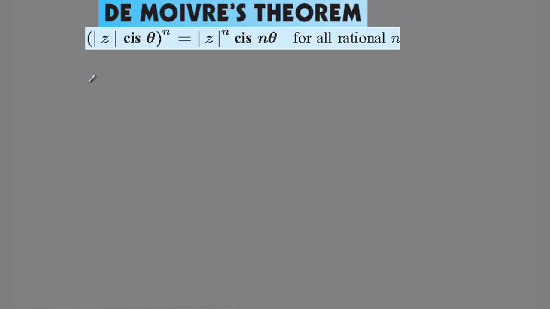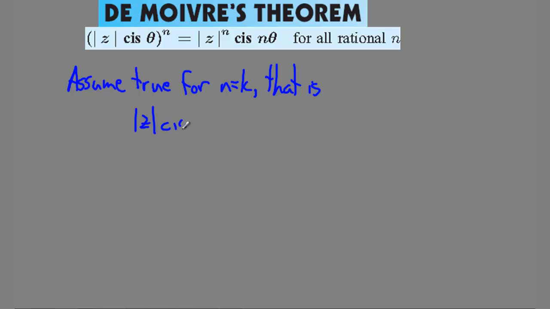So let's now state what we are going to assume is true. We are going to assume it is true for n equals k. That is, that the modulus of z cis theta all to the exponent k is equal to the modulus of z to the k cis of k theta.